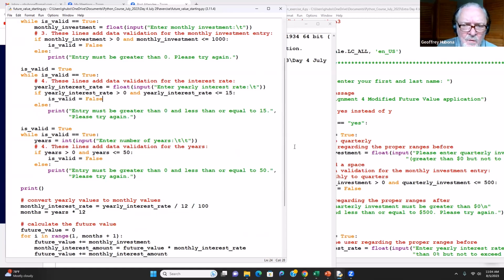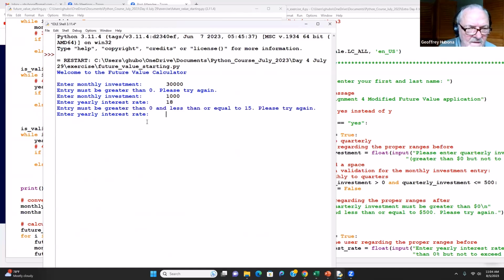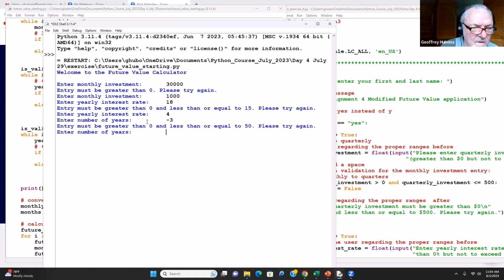But you see, of course, when we run this, the user doesn't know that while they're entering numbers. So they're playing a guessing game. Yearly interest rate, again, if we enter something too large like 18, it tells you and gives you a chance to recover. Number of years, again, if you enter something crazy like -3 years, it catches that and tells you.